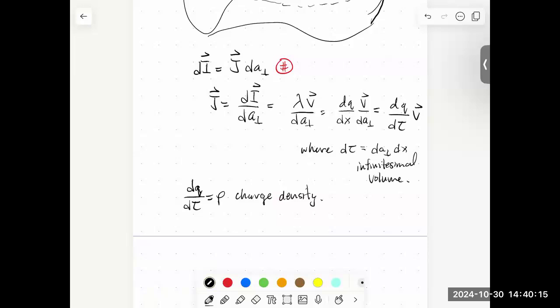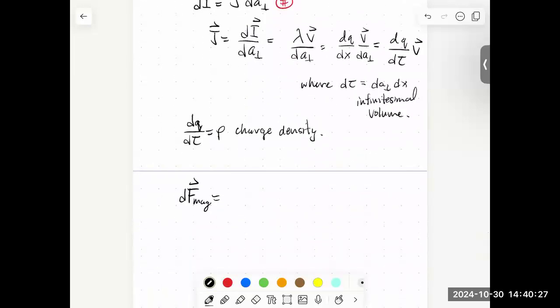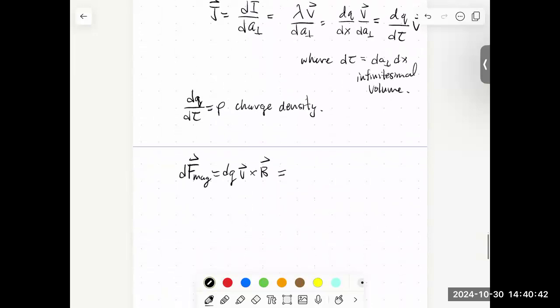All right. So what does that mean? F magnetic on a small piece of this little wire that goes through our larger volume is going to be dq v cross B. And we want to write dq as, well, let's see. dq is equal to rho dτ.